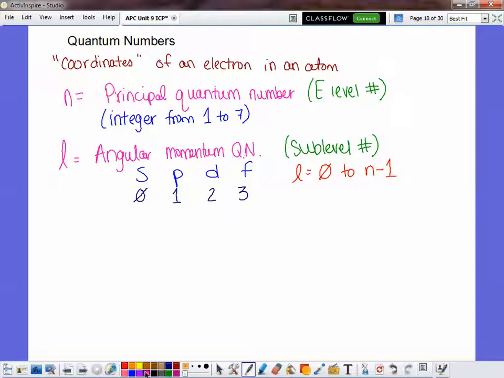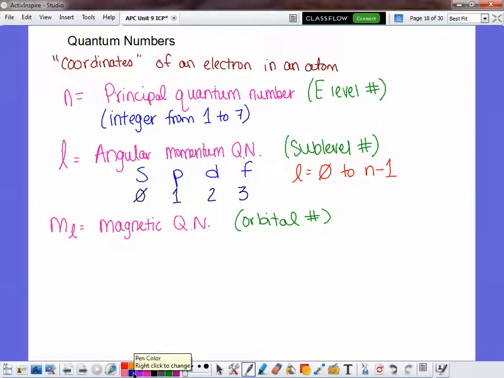Our third quantum number is m sub L, and its official name is the magnetic quantum number. Its nickname is the orbital number. Remember, sublevels are divided into orbitals. And depending upon the sublevel, you're going to have different numbers of orbitals.